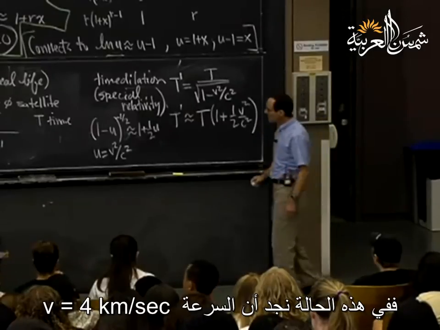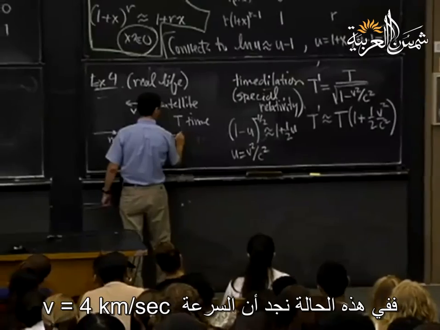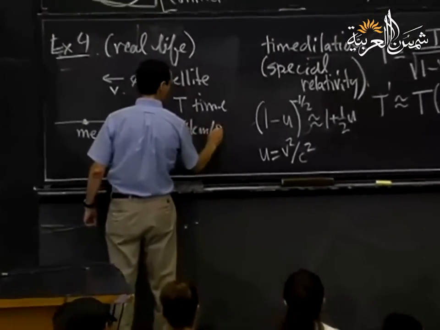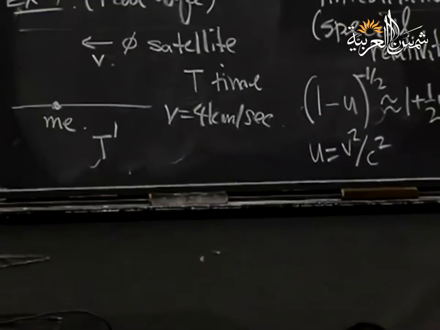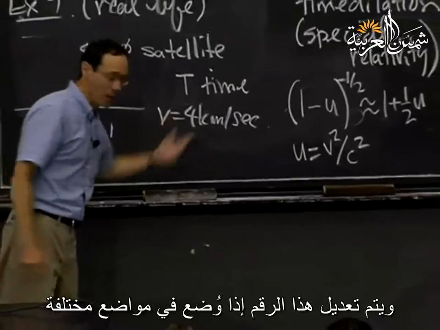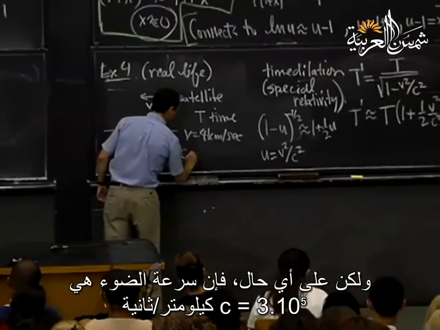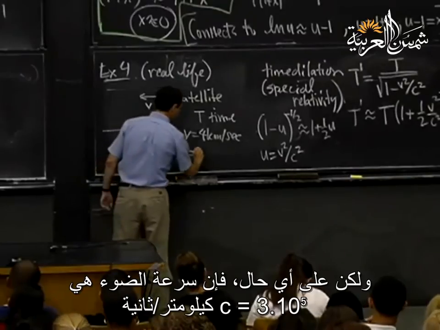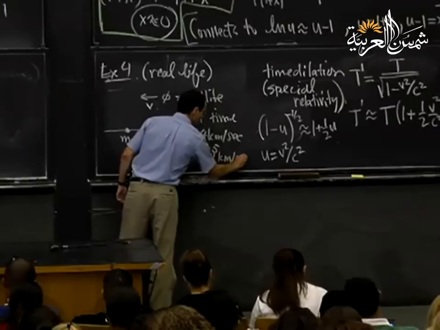So in this case, v is about 4 kilometers per second. That's how fast the GPS satellites actually go. In fact, they had to decide to put them at a certain altitude, and they could have tweaked this if they had put them at different places. Anyway, the speed of light is 3 times 10 to the 5th kilometers per second.